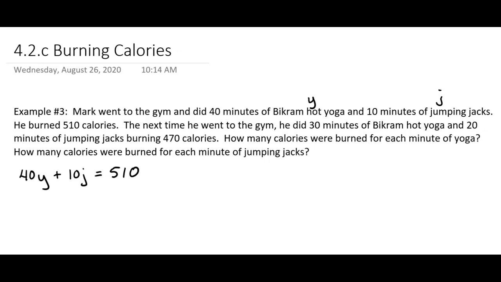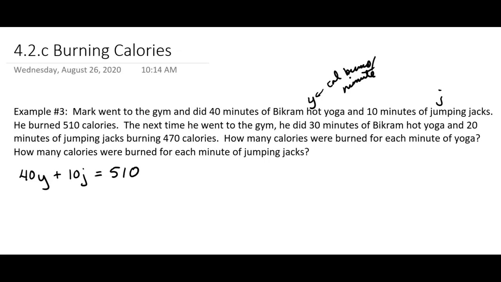So this Y is representing how many calories burned per minute. Okay, that's what we're letting it represent. And J, it's the same thing, calories burned per minute doing jumping jacks, right? Okay, so the first one's yoga.